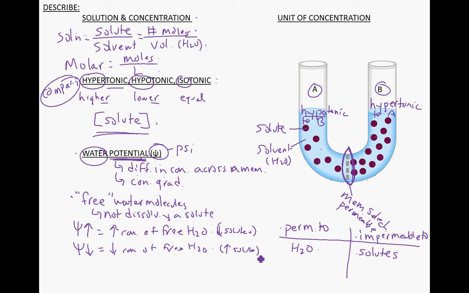Okay? Now, for the water potential of a solution, there's a little equation that goes on here. The water potential of any solution is equal to the pressure potential plus the solute potential. For right now, pressure potentials are going to have a positive value, and solute potentials are going to have a negative value.